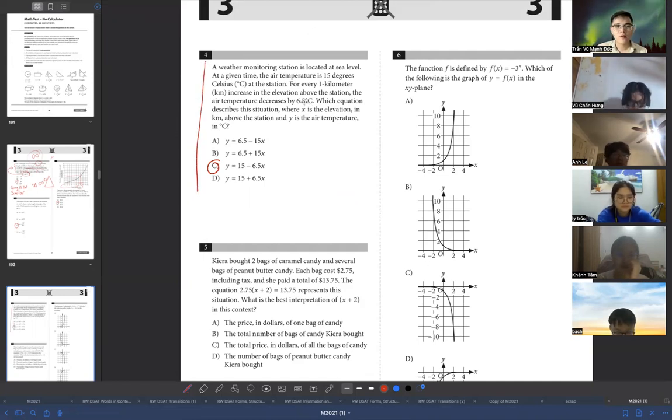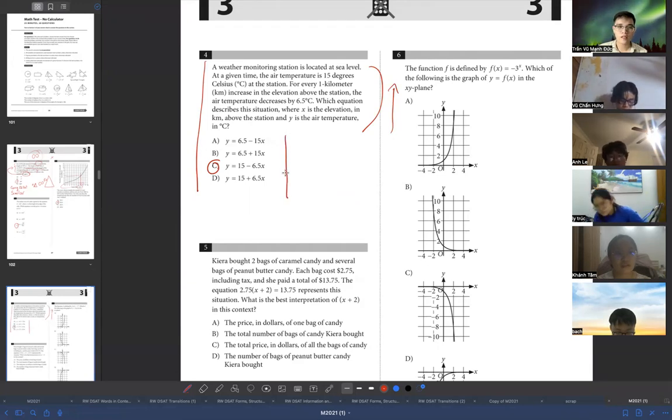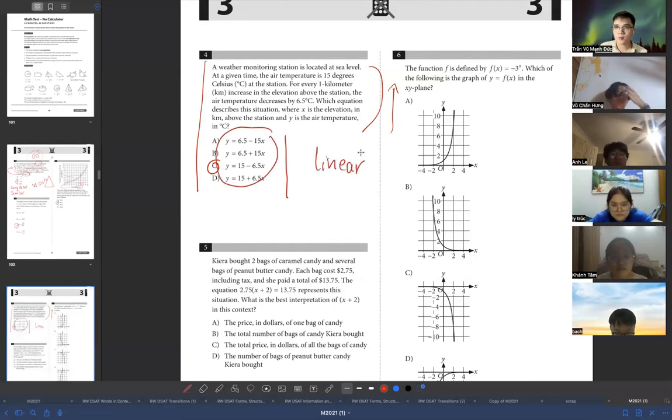Okay. I find that this is quite lengthy, so I'm going to read from the bottom up, and this is very familiar. I'm going to have to find the correct equation for the description above. I can see that these are all linear equations. What properties should I look for?